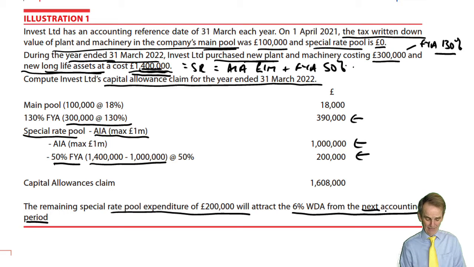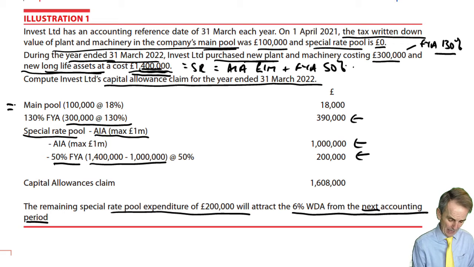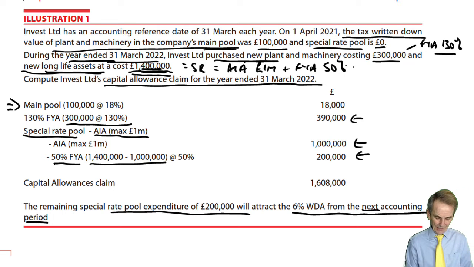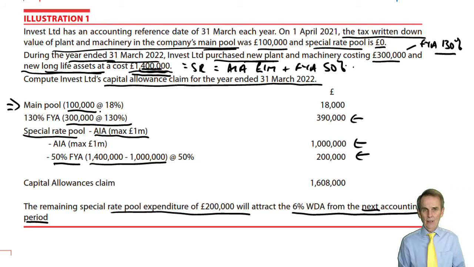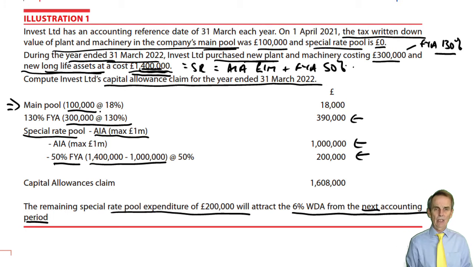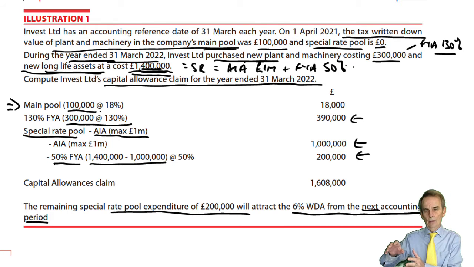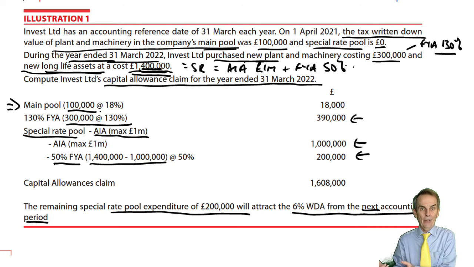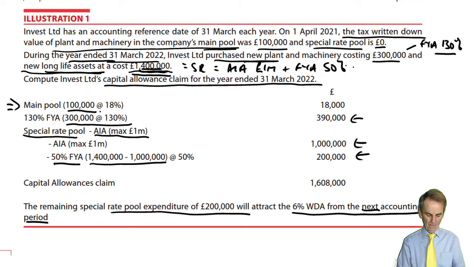What we did also have, however, was a main pool. That was 100,000. The expenditure this accounting period has either gone for the 130% enhanced capital allowance, the first year allowance, or it's gone for the AIA, 1 million, or the other enhanced capital allowance, the first year allowance of 50% on the special rate pool expenditure.